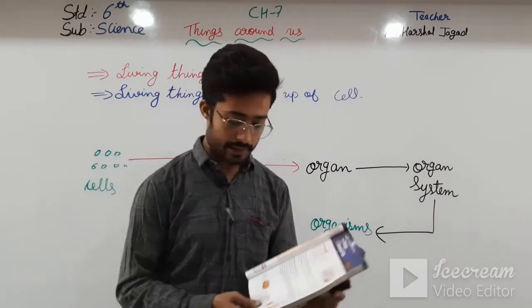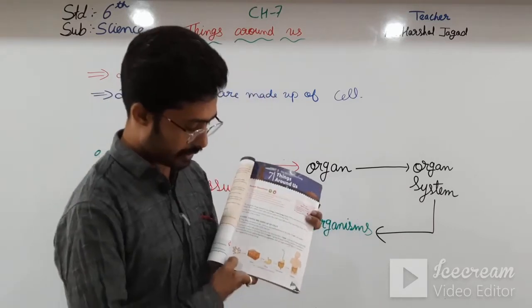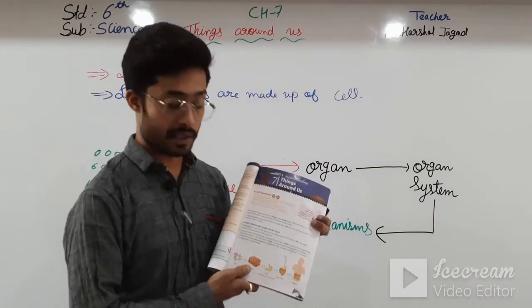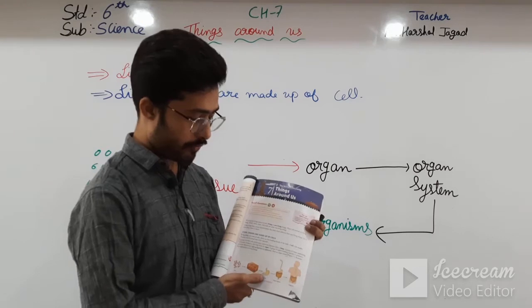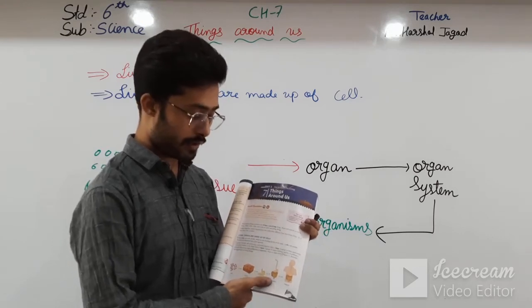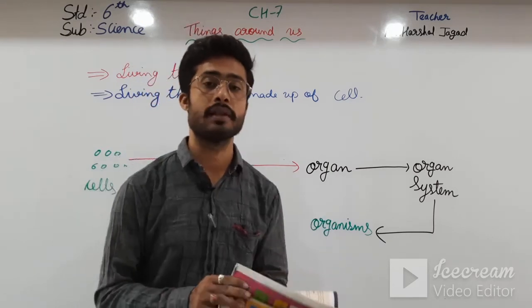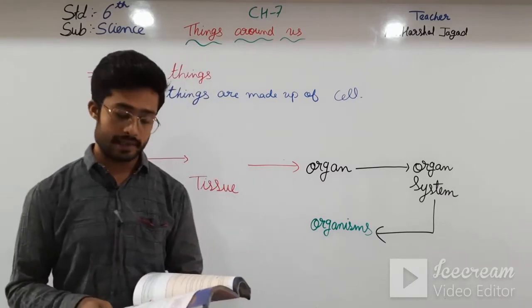See here the picture: many cells combine and form tissue, tissues form organ, organs form organ system, and then organ system forms the organism.